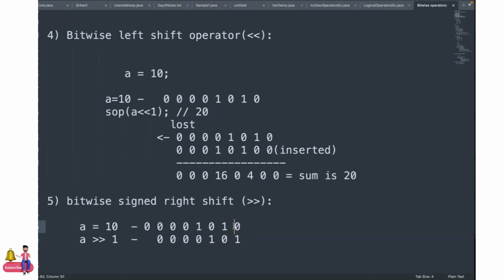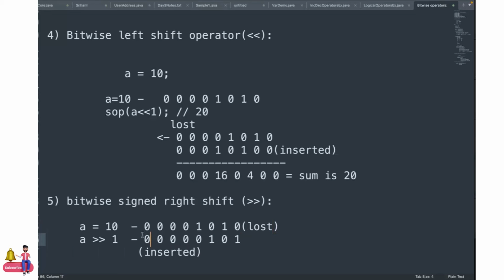Here this last 0 will be lost, and the space at the front will be taken by another 0 which is inserted. As it does not have space in the 8 bits, it was lost, and this 0 was added.